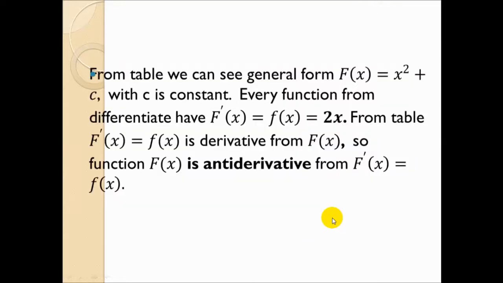From the table we can see the general form of F(x) is equal to x squared plus c, with c the constant. Every function that we differentiate has F prime x equal to f(x), equal to 2x. From the table we have F prime x equal to f(x), right?